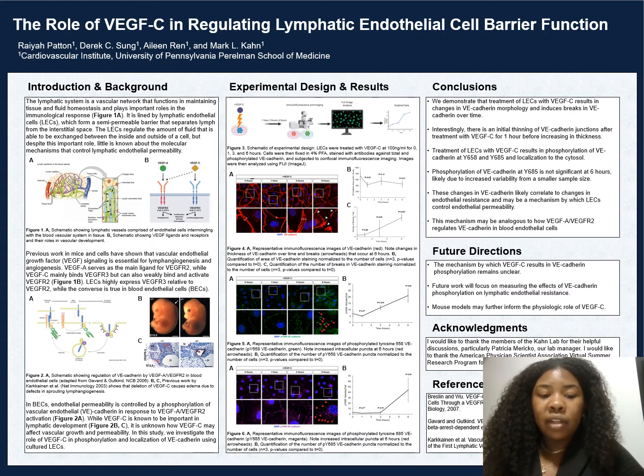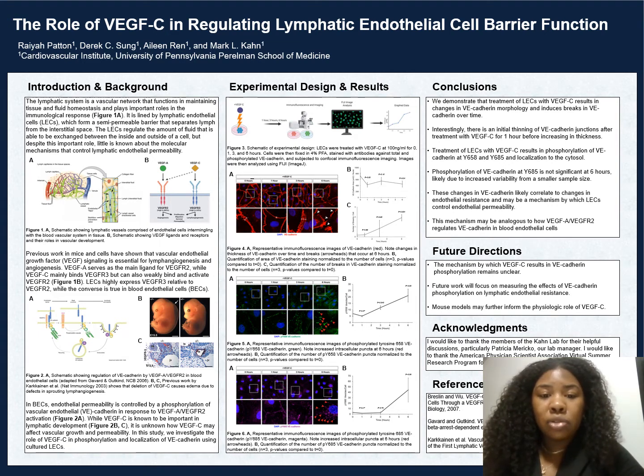While it's evident that VEGF-C is very important for lymphatic development, as we discussed in Image B and Image C, it's still unknown how VEGF-C can affect vascular growth as well as the permeability of cells. Furthermore, the objective of our study was to investigate the role of VEGF-C in the phosphorylation and localization of VE-cadherin in lymphatic endothelial cells.